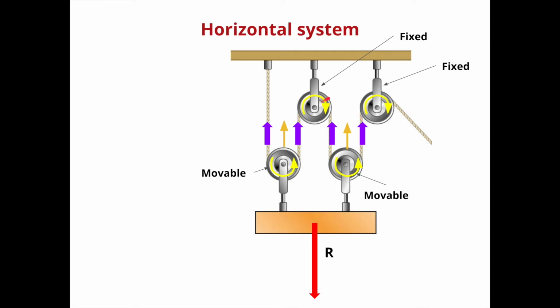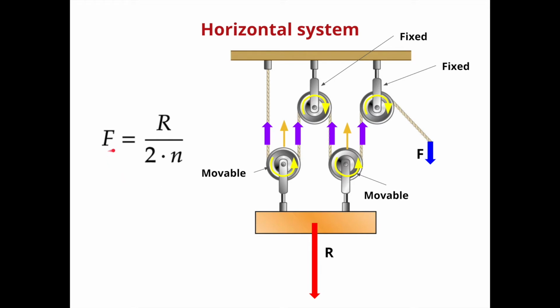What happens with the fixed pulleys? They don't reduce the force they have as input. So the final force, this one, is going to be exactly like this one. Remember, this is like the fixed pulley we've seen. So this is what we have.